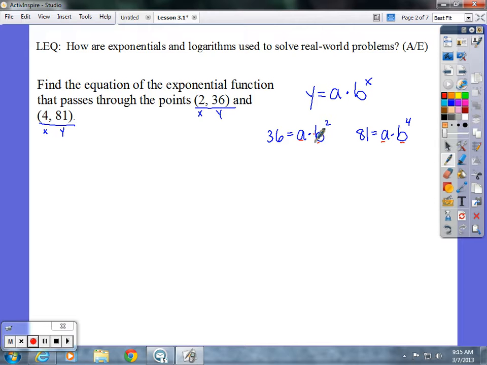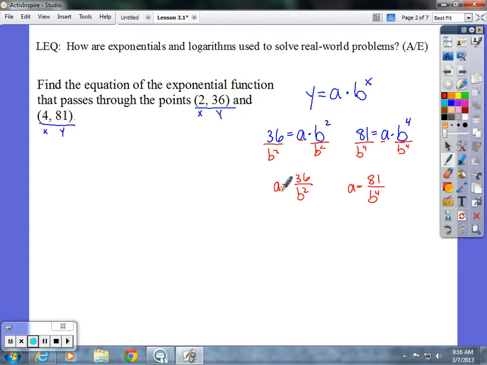I'm going to go ahead and isolate the a values because they don't have an exponent by dividing by b squared. So I have a equals 36 over b squared. And then over here, I'm going to divide by b to the fourth. So I end up with a equaling 81 over b to the fourth.